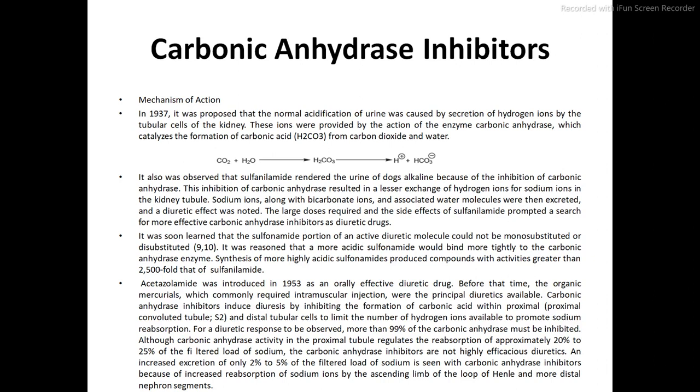Most of the sodium ions are reabsorbed in the ascending limb of the loop of Henle and at the distal nephron segments, and because of this, these carbonic anhydrase inhibitors are not effective diuretics.